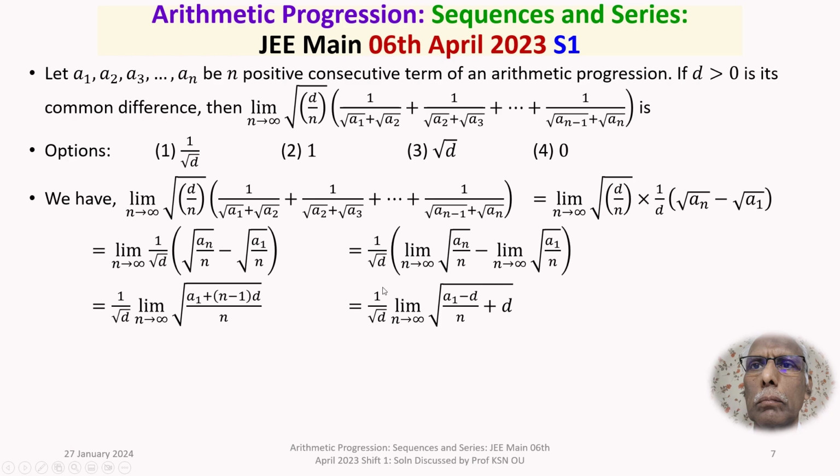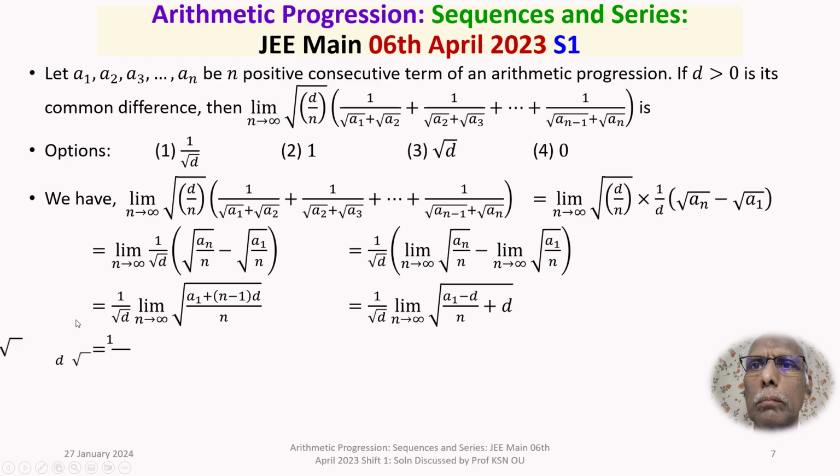So that will be equal to 1 by root d limit n tends to infinity of under the square root of a1 minus d by n plus nd by n. So n cancels, you are left with d. So as limit n tends to infinity, a1 minus d by n will be 0, and you are left with under the square root of d.